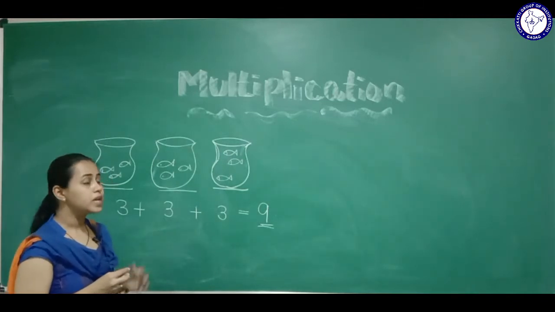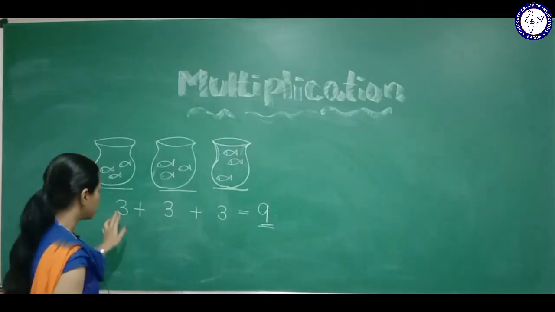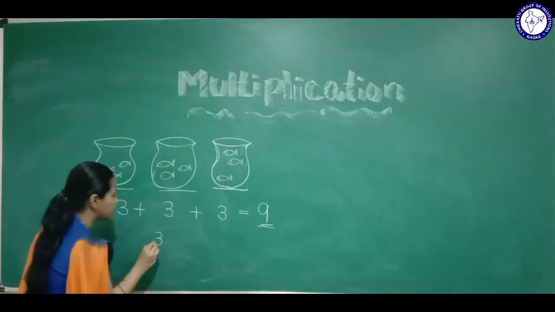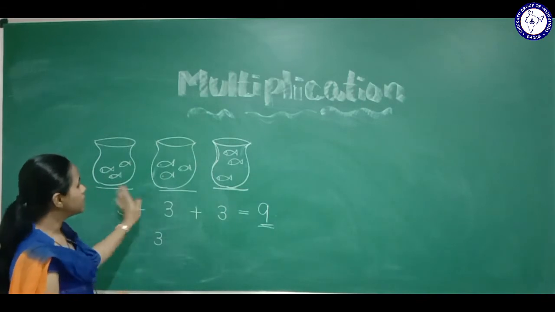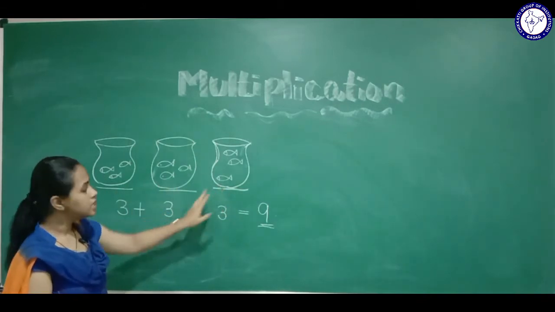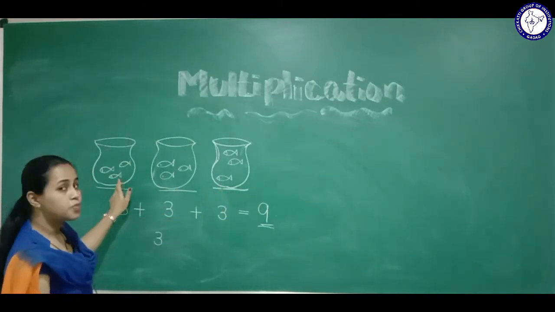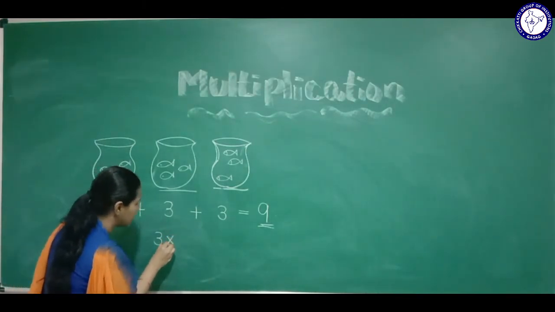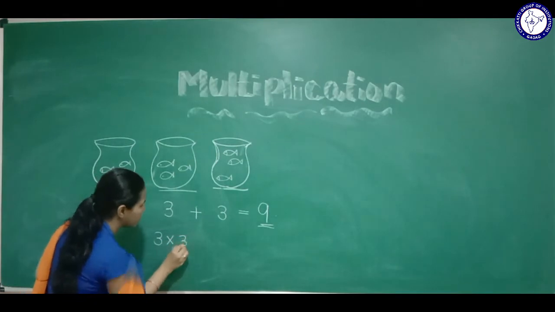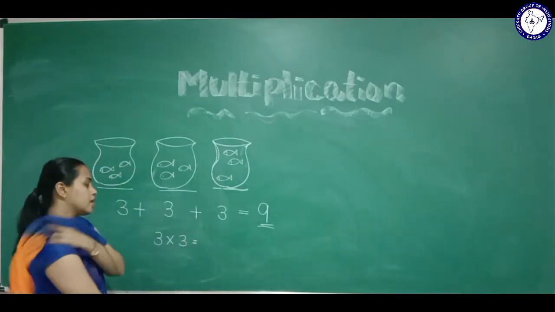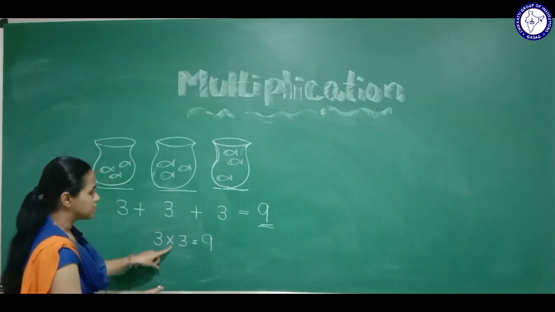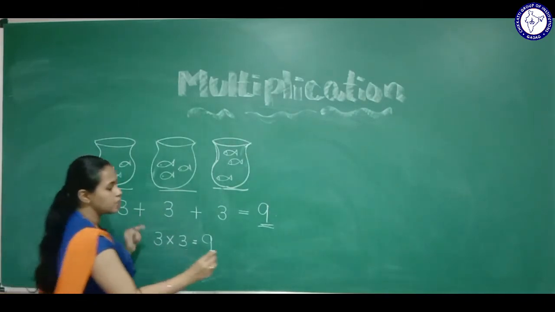3, 3, 3, they are the same numbers. So in multiplication, what can we do? We can take 3. How many ponds are here? 3. In each pond, how many fish are there? 3. Equals 9.